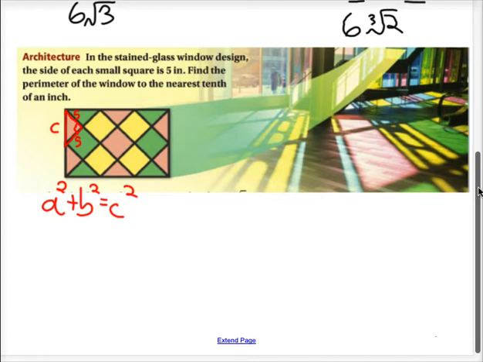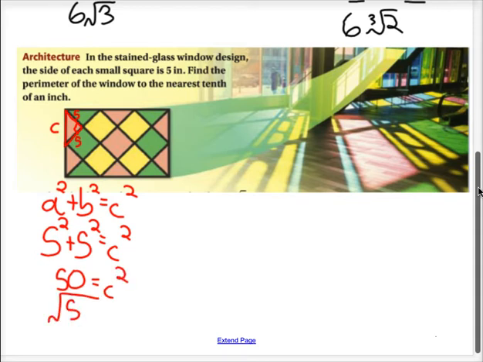So that means if I want to know that length right there, I just plug it in. 5 squared plus 5 squared equals c squared. Well, 5 squared plus 5 squared, 25 plus 25 gives me 50. And now square root both sides.